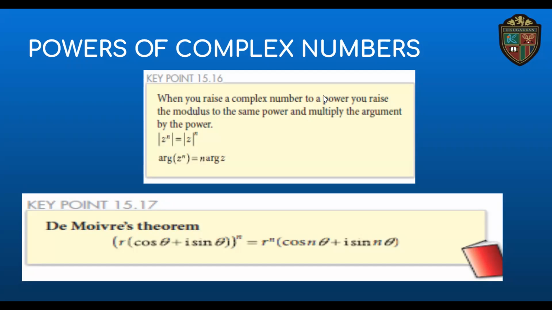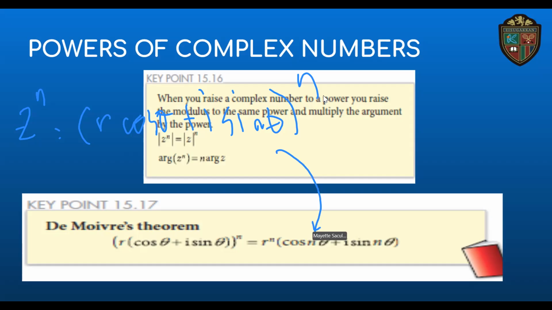It simply means that if we have z to the power of n, where z is equal to the trig form, cis theta, or cosine theta plus i sine of theta, to the power of n, it's simply equal to r to the n times cosine n theta plus i sine of n theta. Okay.